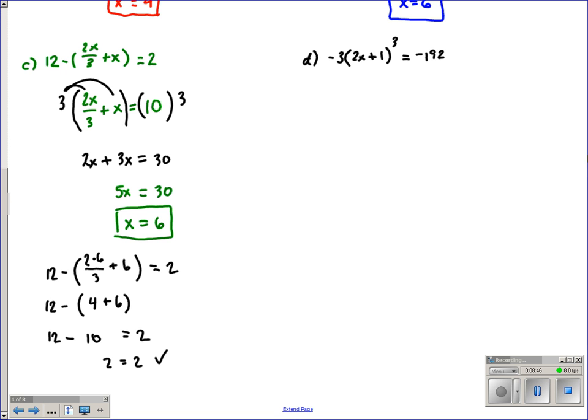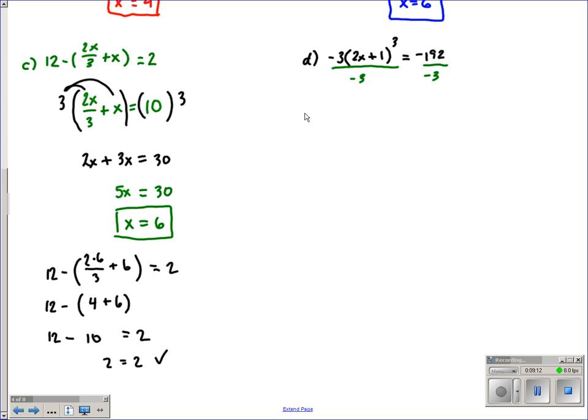Last one here. Let's look at D. We have negative 3 times the quantity of 2x plus 1 cubed equals negative 192. So one way I like to start out here, I'm going to start out using the undoing process again. I'm going to undo the fact that I'm multiplying this quantity times negative 3. So let's divide by negative 3 on each side.